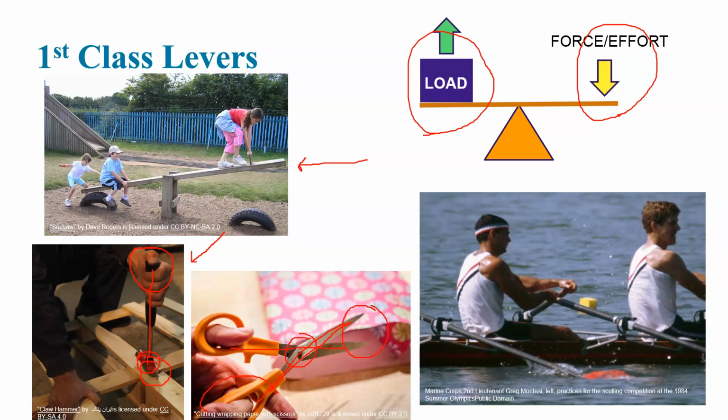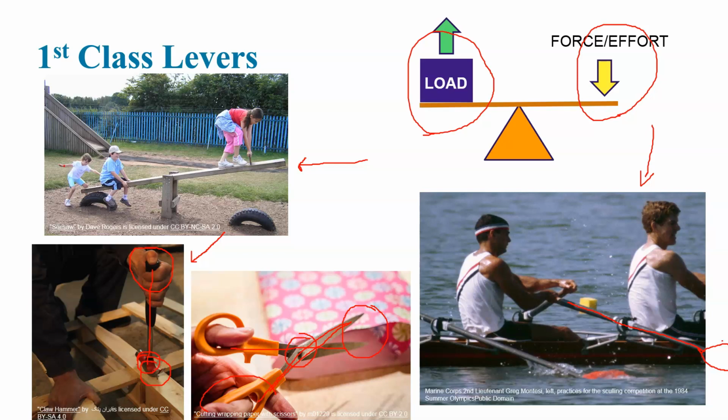One last example of a first-class lever is found here with these people rowing a boat. The oar is an example of a lever. First, we have a long handle or a long stick. Connected to that stick at one end is a paddle, and the paddle moves back and forth to push water out of the way, which propels the boat forward, right?